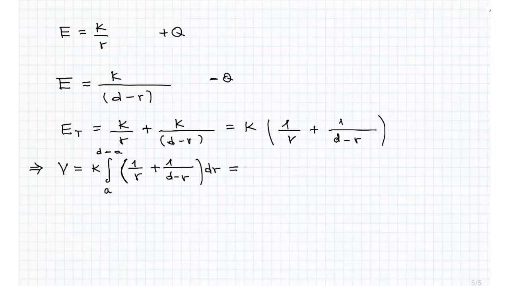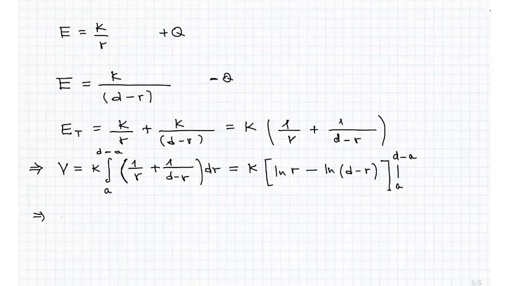So we will have K times natural log of r minus natural log of d minus r, with the limits going from a to d minus a.